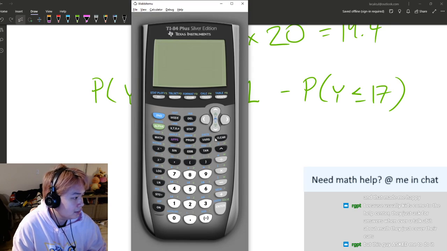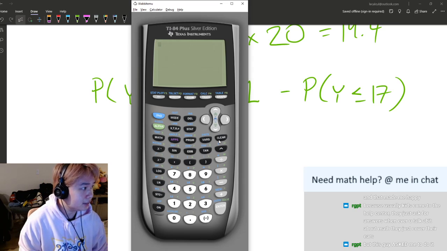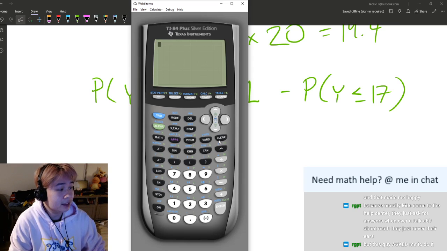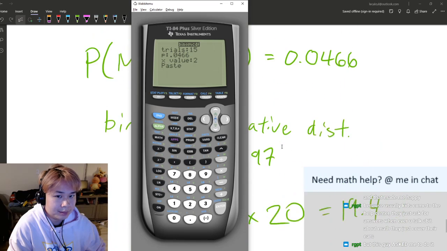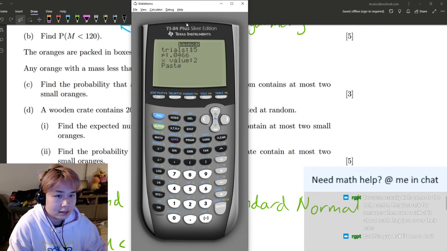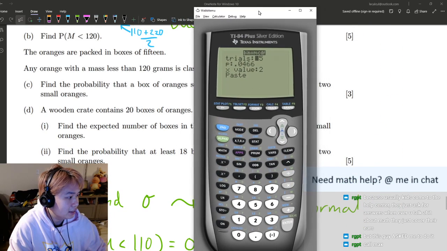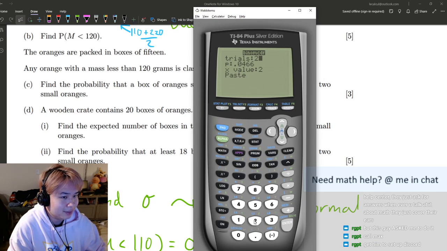And then I'm done. So I'll just quickly check my answers, and then I can play a game for a bit. Okay, binomial stuff. How many boxes were there? The crate has 20.